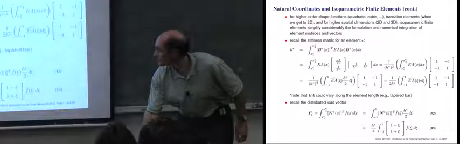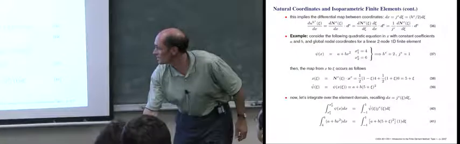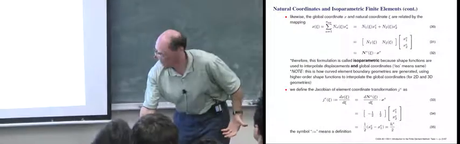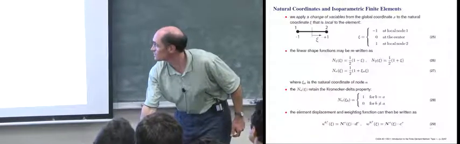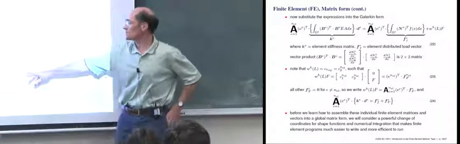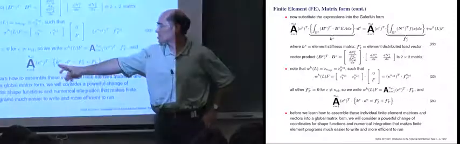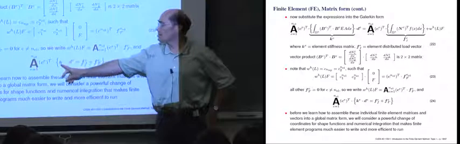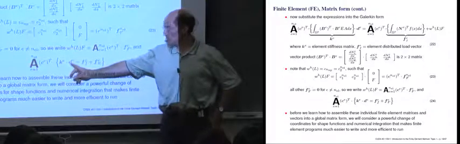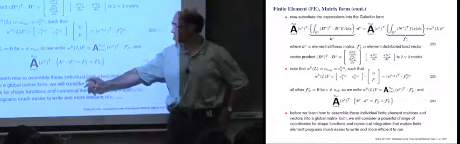Essentially, we spent some time on natural coordinates, understanding how to come up with the integrals to calculate the stiffness matrix and the forcing vectors from here. So what you saw here was these lowercase letters to indicate an element stiffness matrix, an element degree of freedom vector. This is a 2 by 2, this is a 2 by 1.